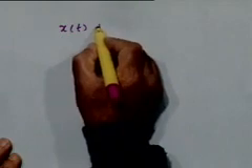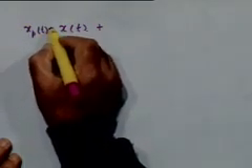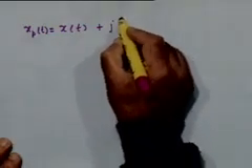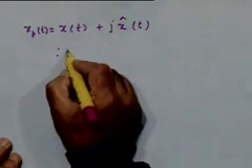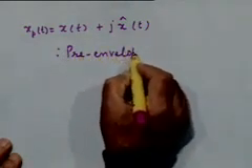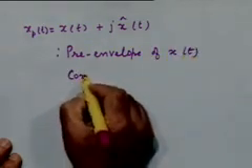The next concept that I will take up in the next class is that x_p(t) is sometimes also called the pre-envelope of x(t), or simply the complex envelope.